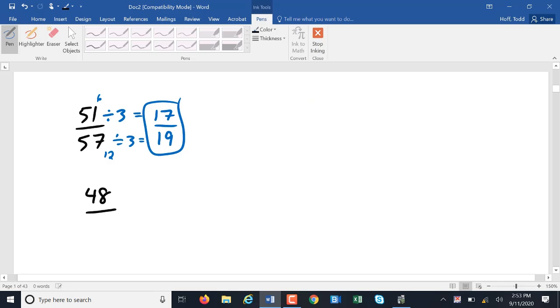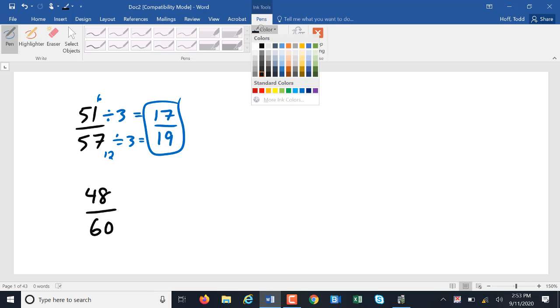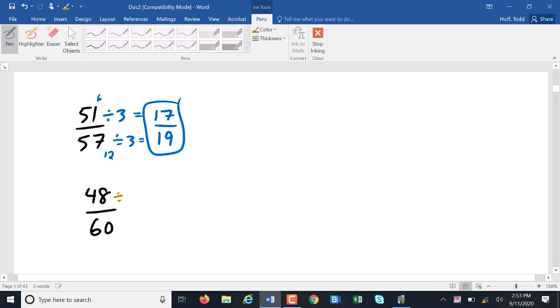Now, we have been taught that you have to find the largest number. They call it the greatest common factor, which makes it easier if you do, but we don't have to find that greatest common factor. Looking at 48 over 60 here, I see that they're both even, so that means they can both be divided by 2. What's 48 divided by 2? 24. 60 divided by 2? 30.